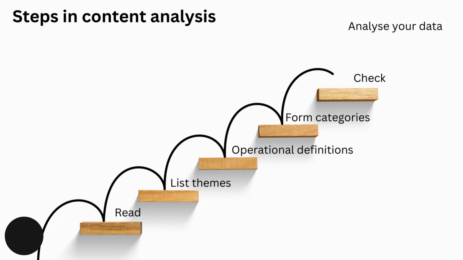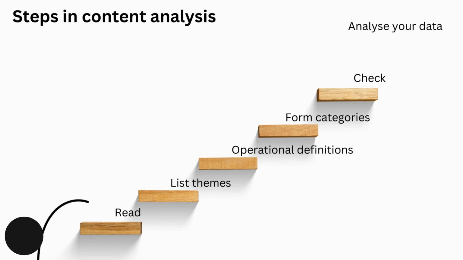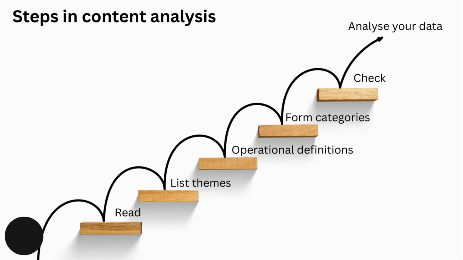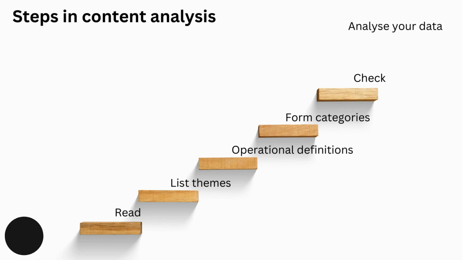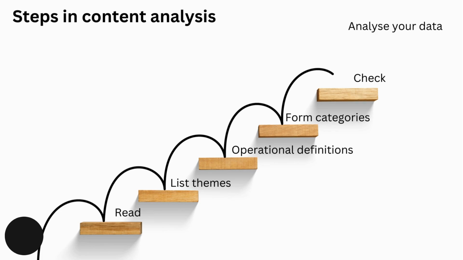So generally, when we collect data, we collect it to a point where we need to interpret and analyze that particular data. Once we've collected our data, we are going to read over it a couple of times and identify themes that are embedded in it. We're going to form themes and operational definitions that allow us to break it down into categories.